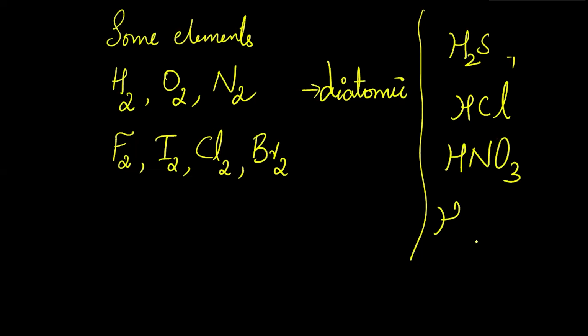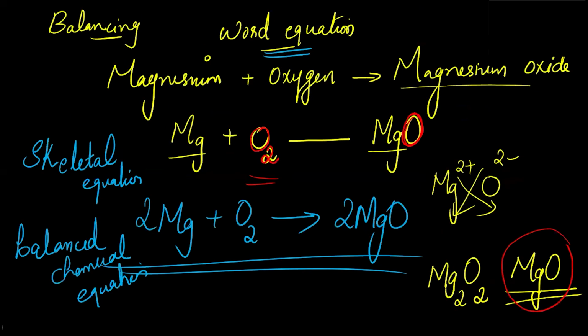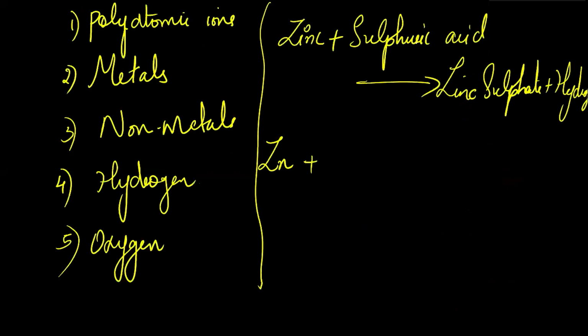Then H2CO3, that is carbonic acid. And one more thing you study, CH3COOH, that is acetic acid. Okay, so these are the acids' names. You have to practice this by heart. It will be helpful if you are struggling with memorizing the acids' names and formulas.